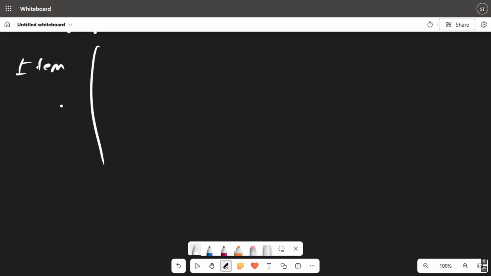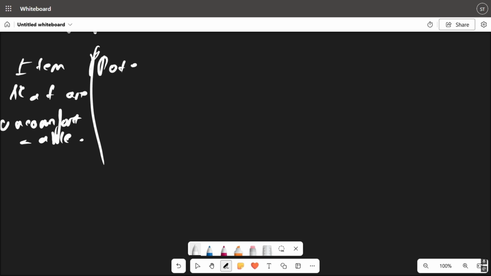So it can be that your seats are uncomfortable. Then we can go to the first parameter, which would be the potential failure mode. So what is the potential failure mode?